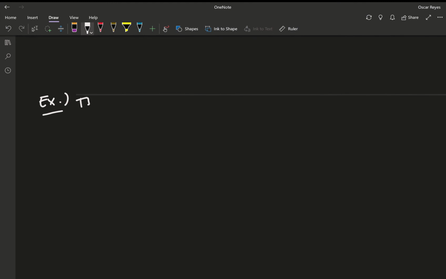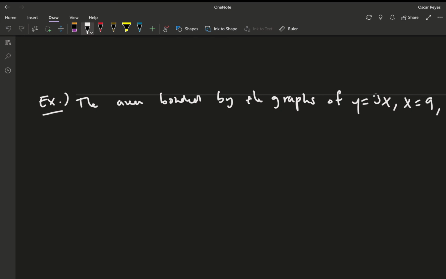So the area bounded by the graphs of y equals 3x, x equals 9, and the x-axis is revolved about the given axis.